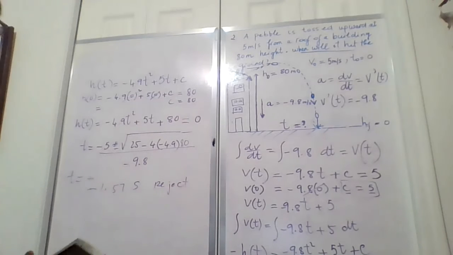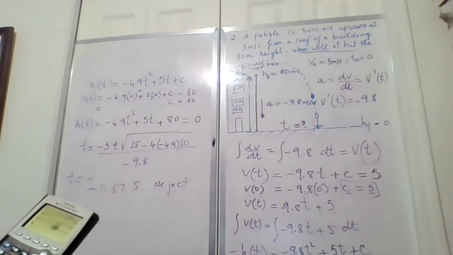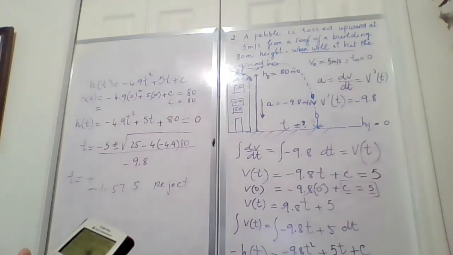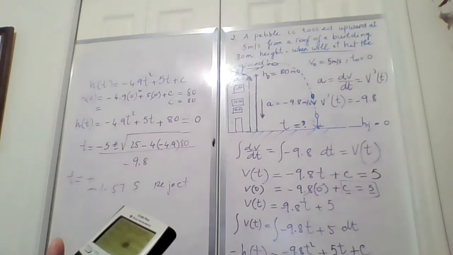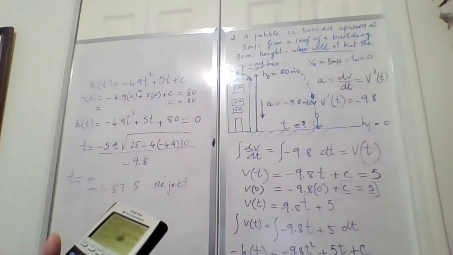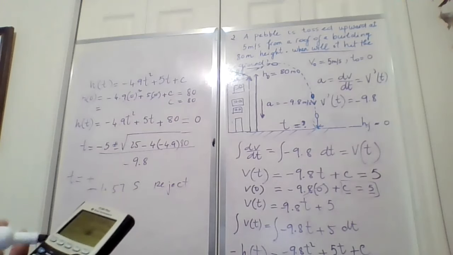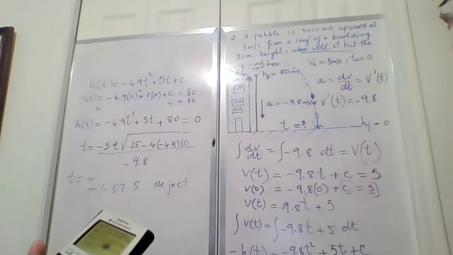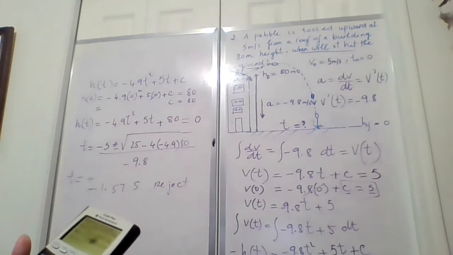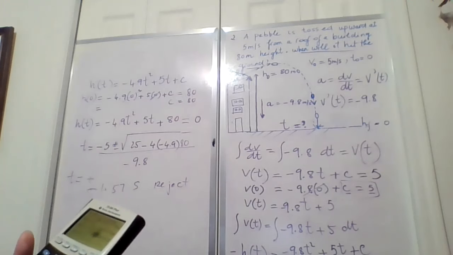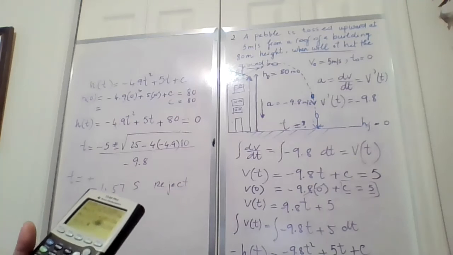Because we don't have any negative time. So now we're going to focus on the positive time. Our positive time will be based on the same number, which is 15.42 divided by 9.8. Actually, both of them are negative, so when both are negative, it turns out to be positive when you divide.